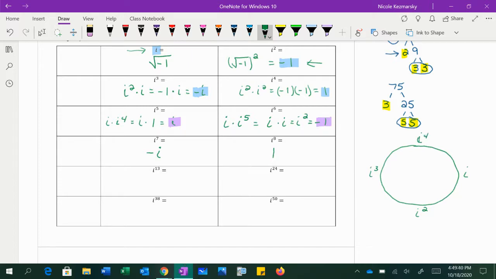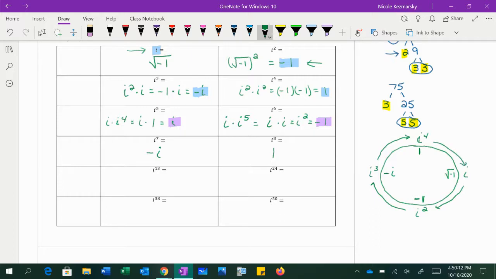So i is our square root of -1. i squared is -1. i cubed is -i. And i to the 4th is 1. And we can let this pattern repeat as we go to higher exponents.